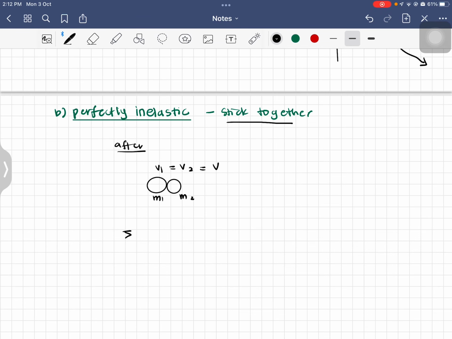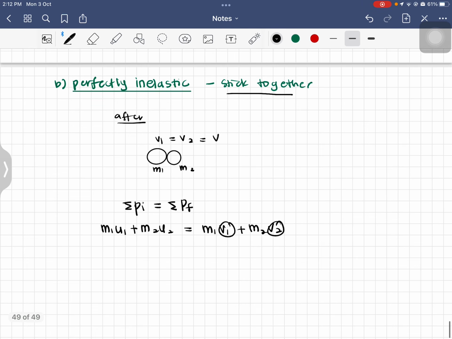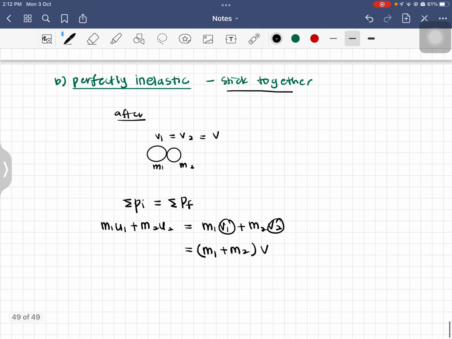So for your summation of P initial equal to summation of P final, you will get something like this: M1 U1 plus M2 U2 equals M1 V1 plus M2 V2. Since this V is the same, we can put it like this: M1 plus M2 multiplied by V. This is for 1D. For 2D, you will get something like this.